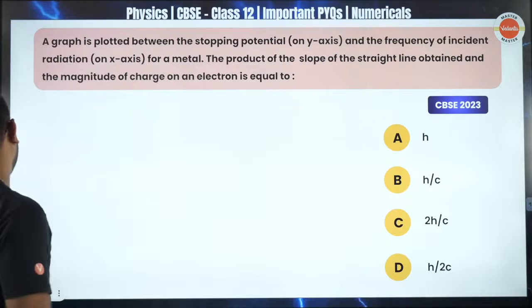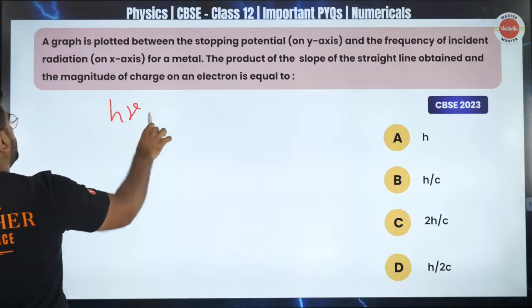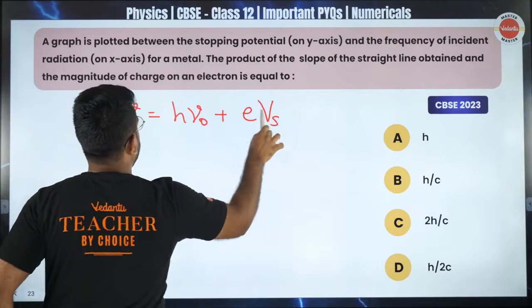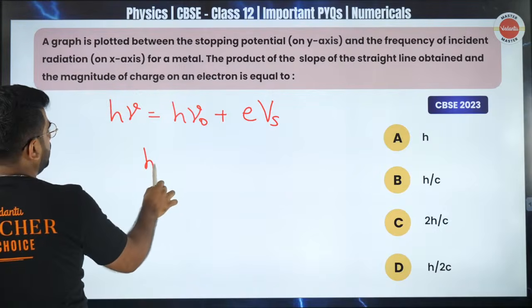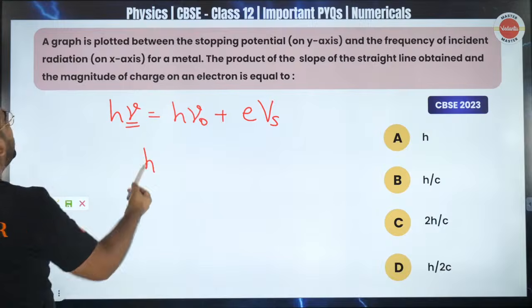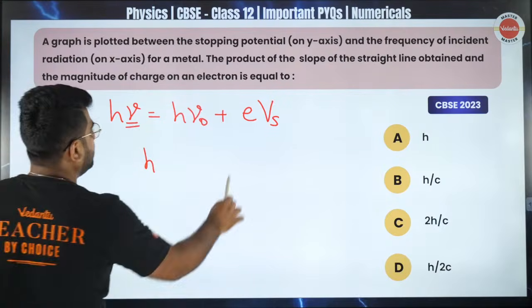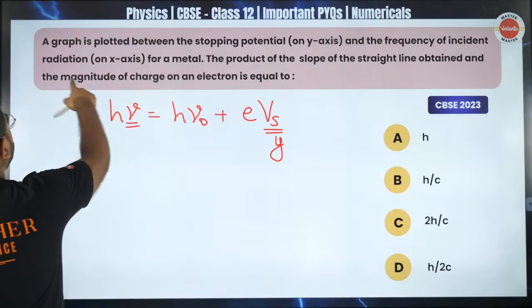Okay, answer A. Yeah, that's correct. h nu is equal to h nu naught plus E into stopping potential. So this is your y-axis, and on the x-axis you have frequency.